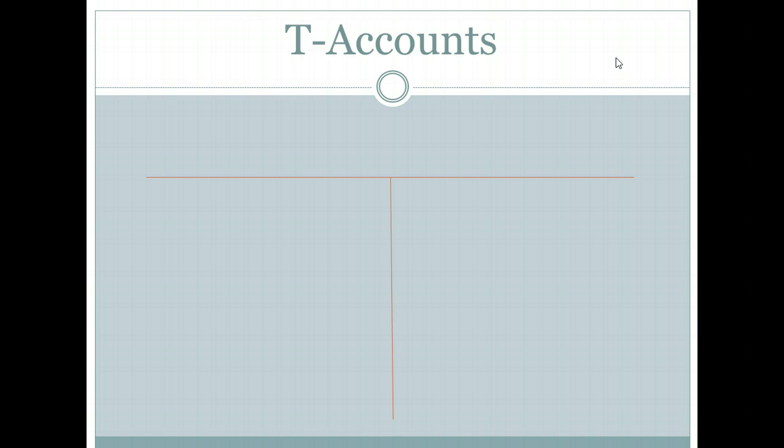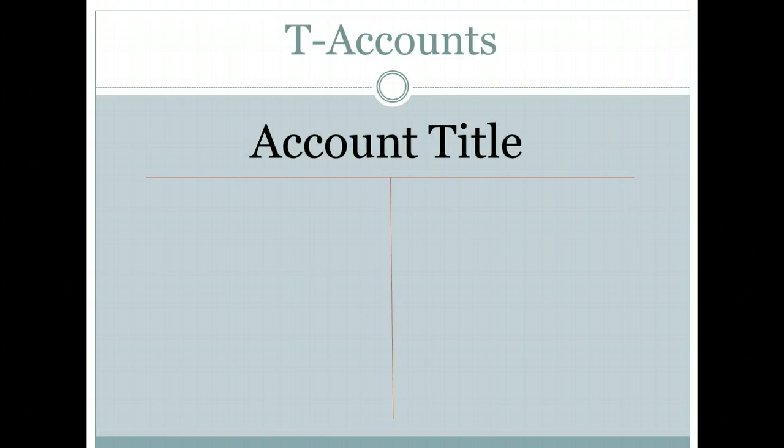When we use T's, and we use them a lot as a learning tool, especially as we get into more difficult transactions down the road and you're not quite sure what to do, using this T and reinforcing the idea that everything has to balance is a big help. The account title would go on the top, and then we have the two sides, the left and the right.